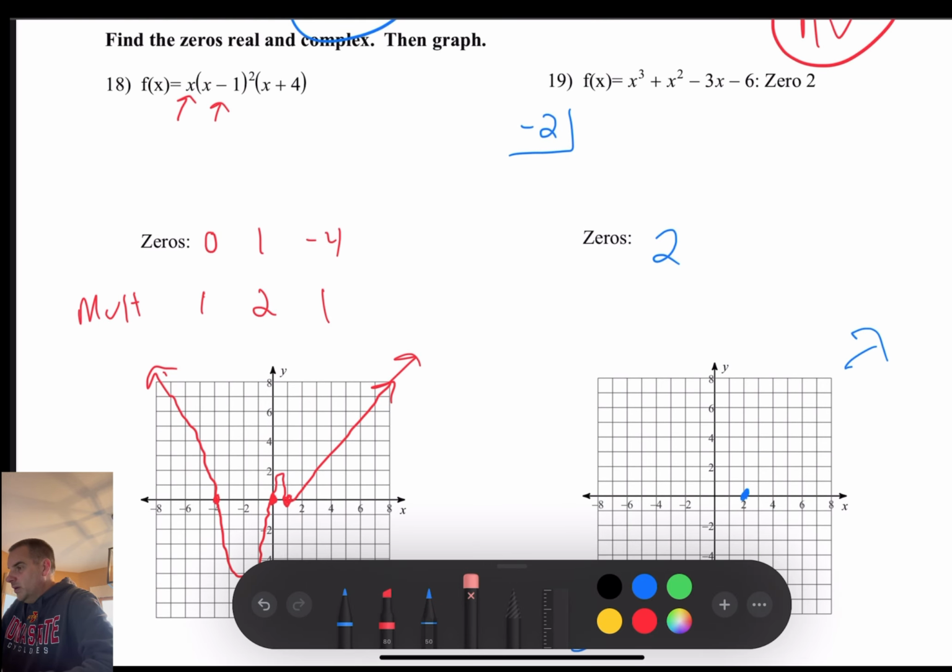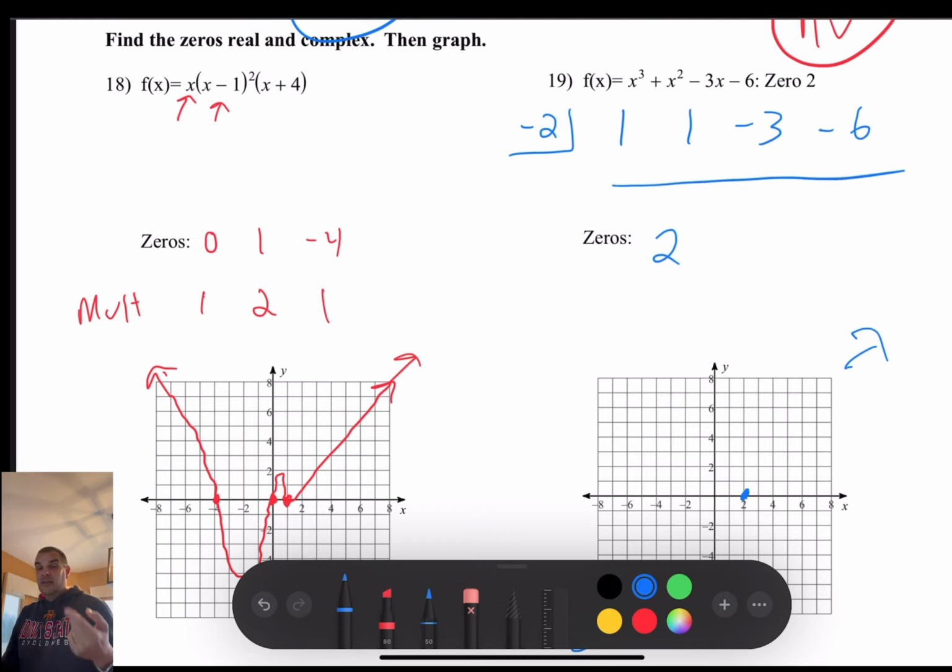So we got a 1, a 1, a -3, and a -6. Now again, if this is truly a factor, we should get a remainder of 0 over here. So we've got 1, -2, -1, 2, that doesn't work.